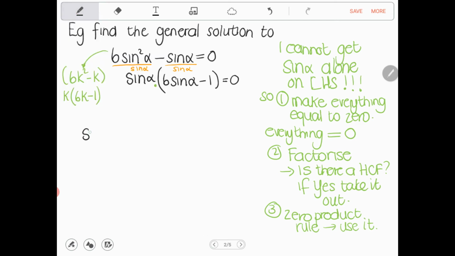Okay, so sine alpha is 0, or 6 sine alpha minus 1 is 0. So there's my zero product rule. Each of these factors I make equal to 0, just like a normal factorization sum. Okay, now what happens is we have to solve each of these equations separately.